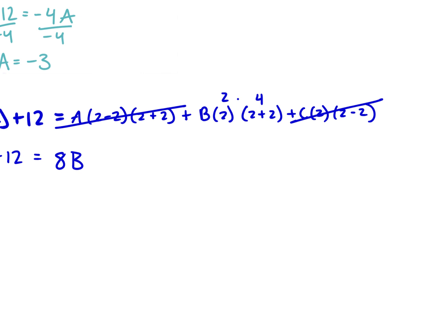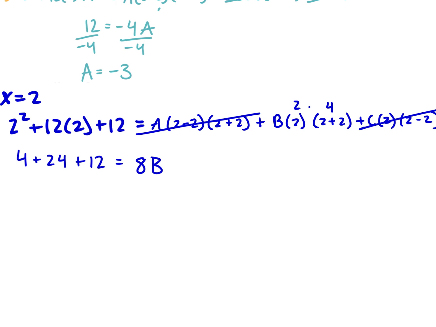This cancels also. So you can keep an eye out for the ones that cancel. You don't even need to write it down. Just save yourself the work. If you are organized with your steps and you know that you're only solving for one thing in each equation, 2 of them are going to cancel. So you don't even need to write this part down. I'm writing it to show you. Look, it does cancel because it equals 0.